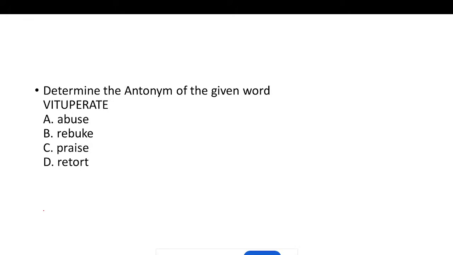Vituperate means abuse, and its opposite, obviously, is praise.